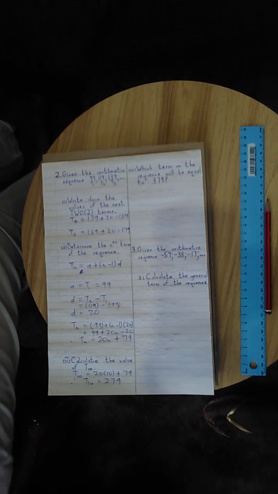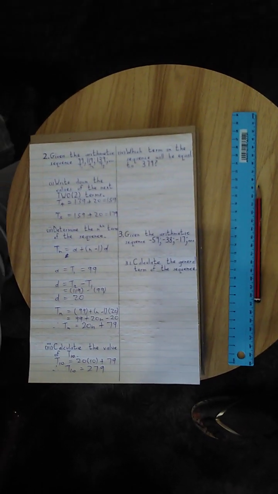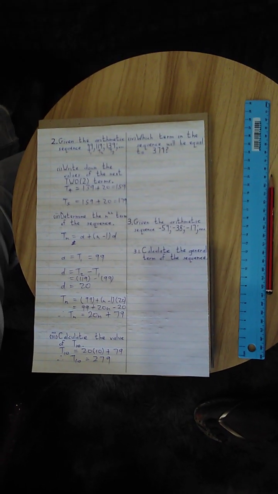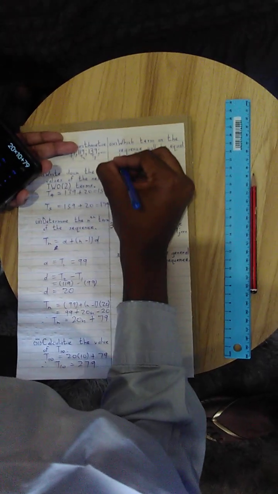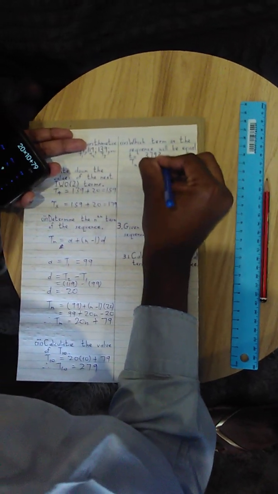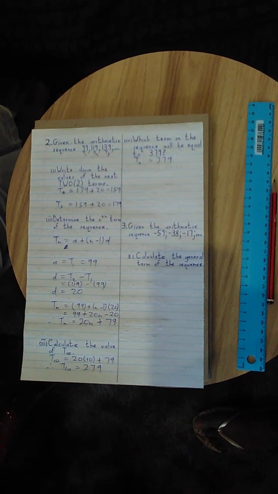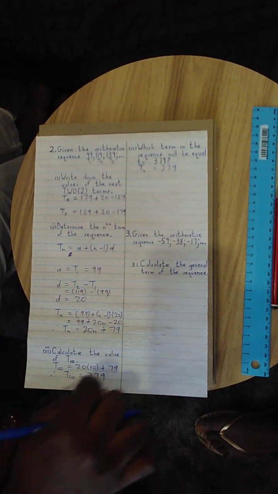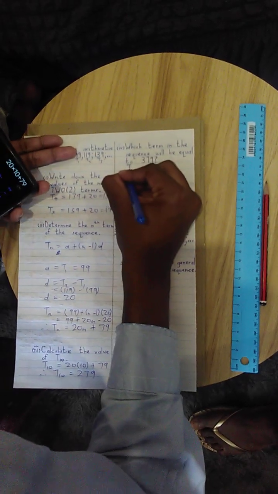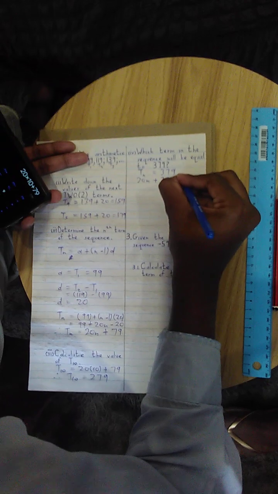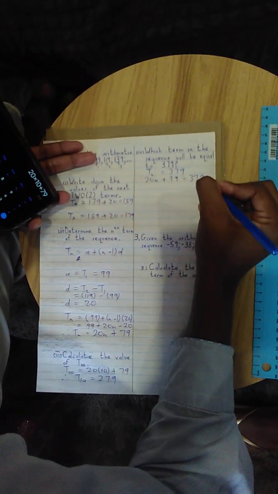Then Roman numeral number 4 asks, which term in the sequence will be equal to 379? So all we know is that Tn is equal to 379, right? You know that Tn is given by 20n plus 79. So it's going to be 20n plus 79 is equal to 379.